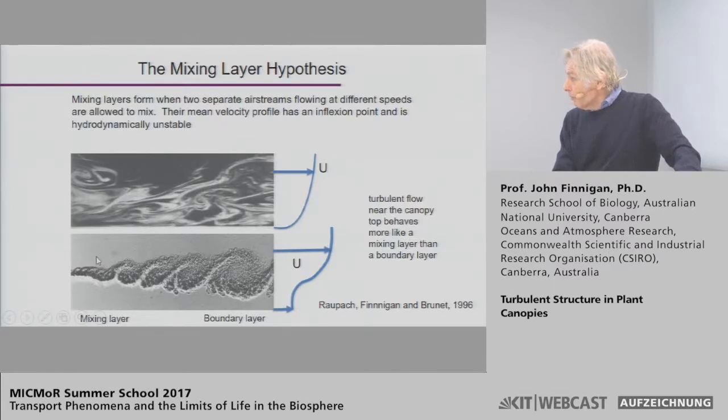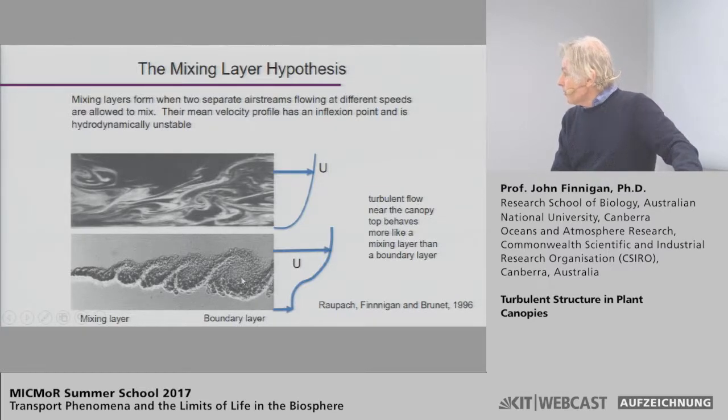One might be hot and one might be cold, or maybe different gases or whatever. And then you can visualize it with a shadowgraph or a Schlieren. I think this is a shadowgraph. And you see these large eddies start to sort of gulp from above and mix it with air being dragged up from below. So there's a coherent mixing for a while.